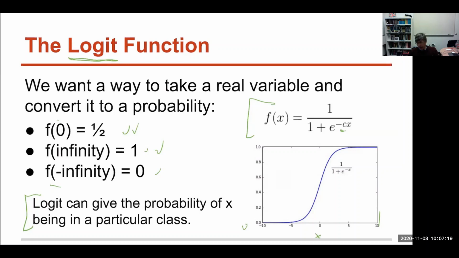And this constant c here is what's going to shape how quickly it gets there. As you can see, once you get very large or very small, it asymptotically approaches 0 or 1. This constant c is what's going to determine the steepness of the transition. Any questions?